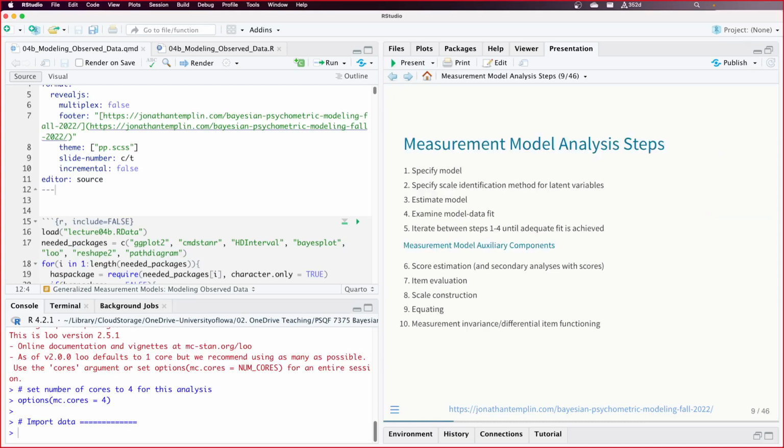All right, building measurement models. Remember the steps in the analysis? We need to specify the model, specify the scale, meaning the mean and the variance, estimate the model, examine model-data fit, repeat until you get good fit, and then maybe do some other stuff with the results, right? Today is all about number one, number two, and number three, we're going to estimate the model.